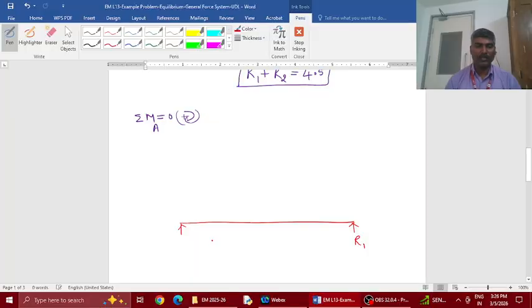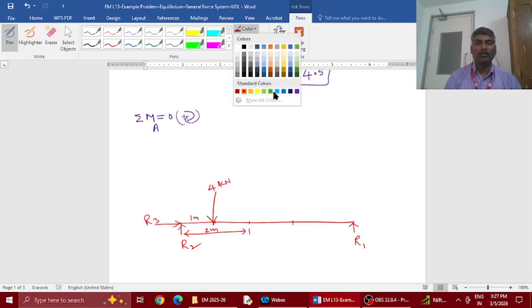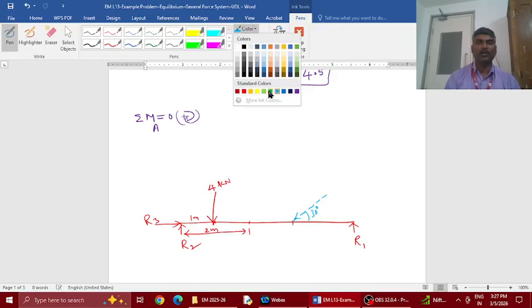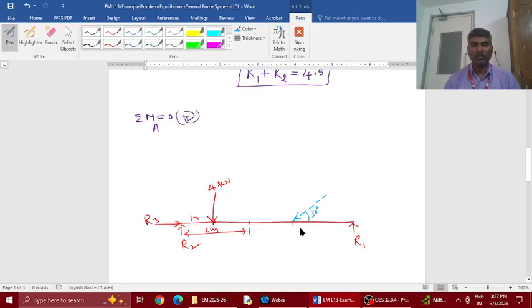So this is R1. I named them R1, R2, R3, and this is the 4 kilonewton point load. This is 1 meter. This was the UDL before conversion, and there is a load which was the force at 30 degrees, resolved into two components.